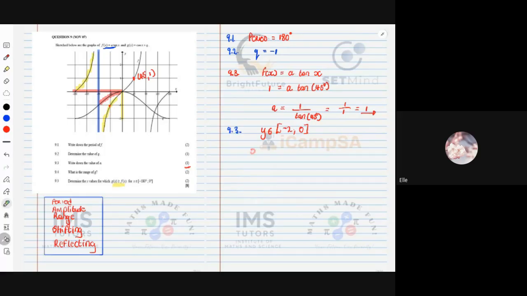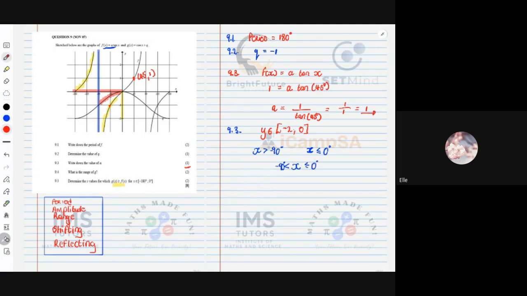Whereby it is equal at 0, and these two graphs are equal, so that will be inclusive, of course. So x is greater than -90 degrees and x is less than or equal to 0 degrees.